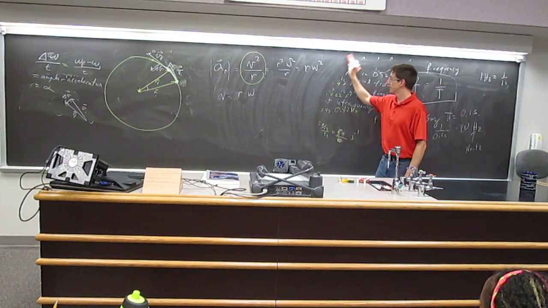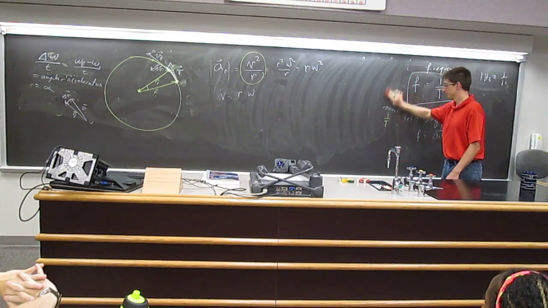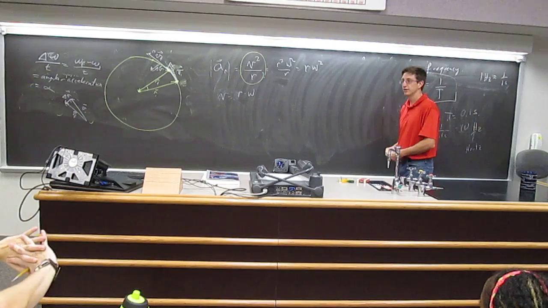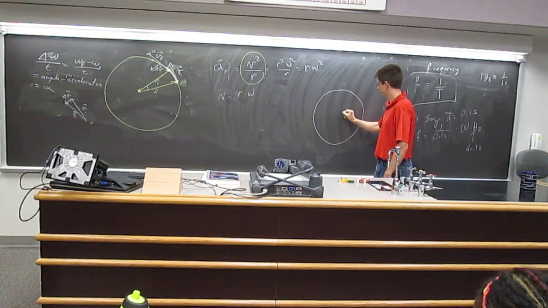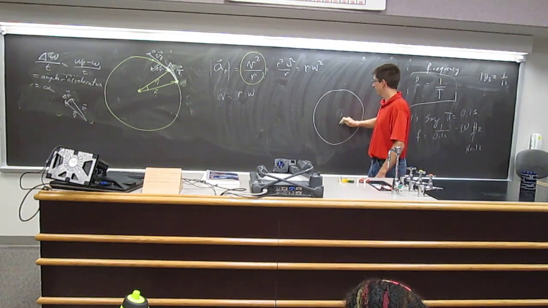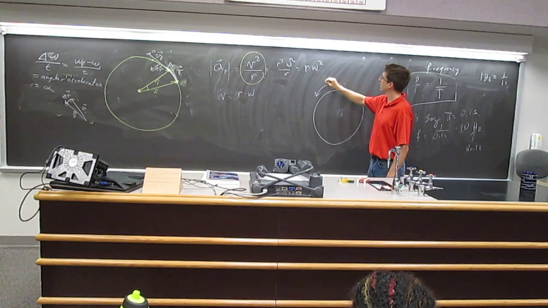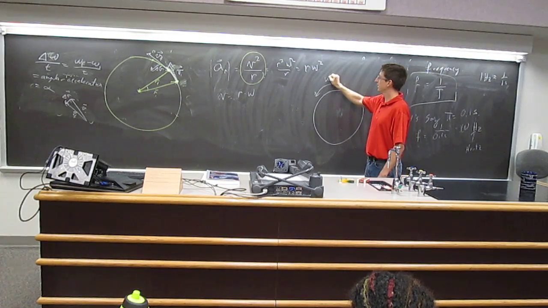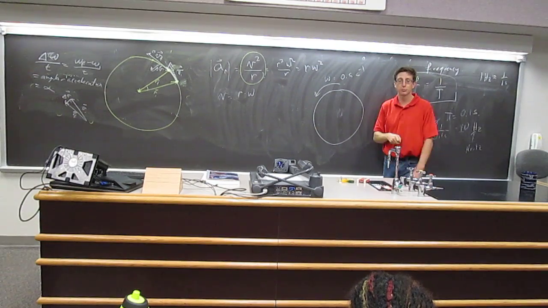So real quick, here's what we will do. Just give you a taste of this. Say I have a merry-go-round, and it's moving with an angular speed of 0.5 radians per second.